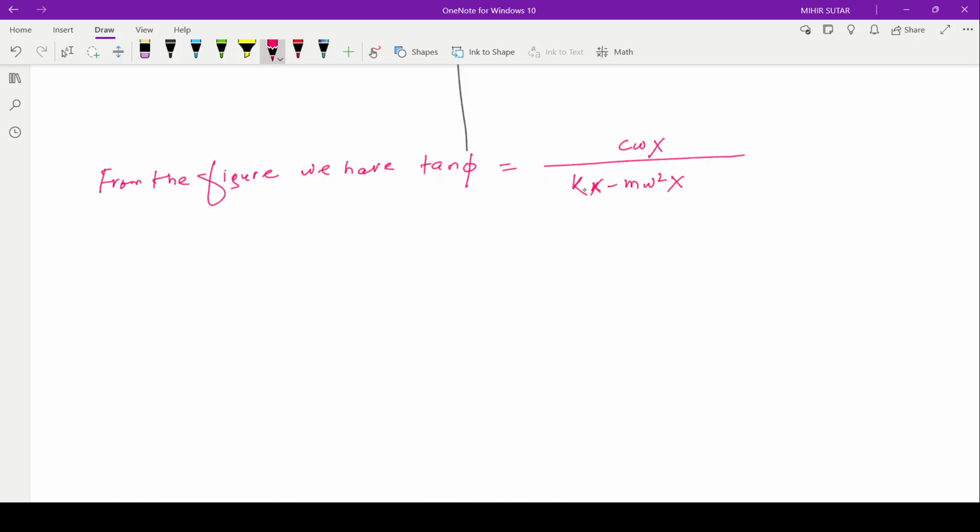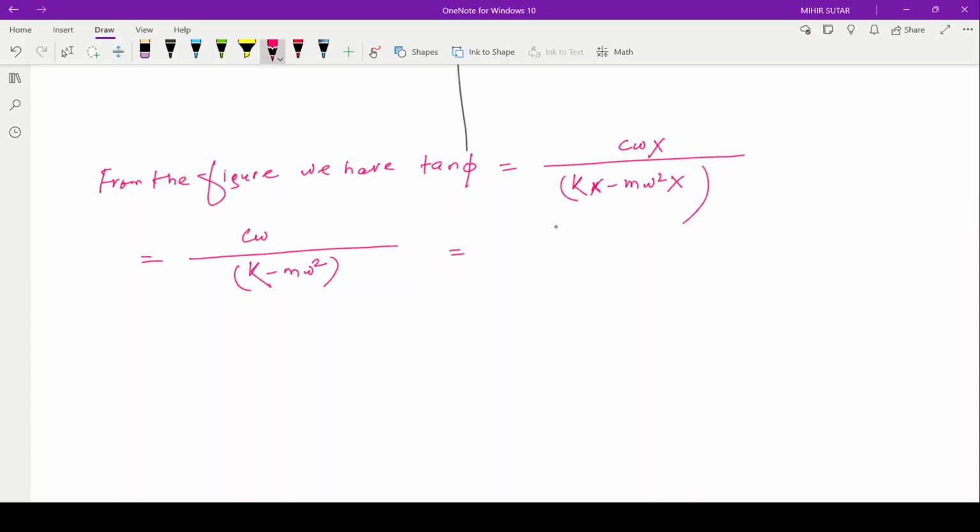Okay, kx minus m omega square x. This is the tan phi, or we can say it is c omega divided by k minus m omega square.